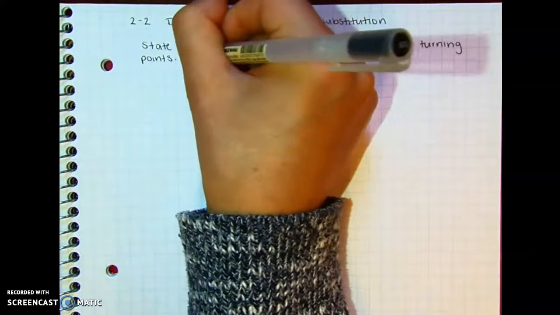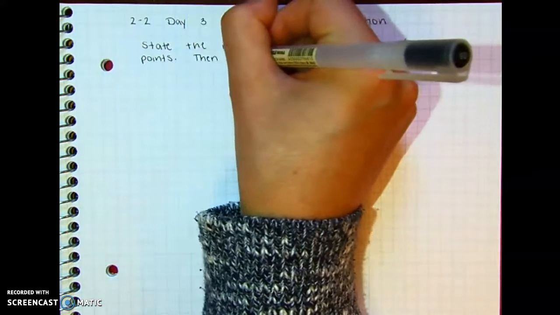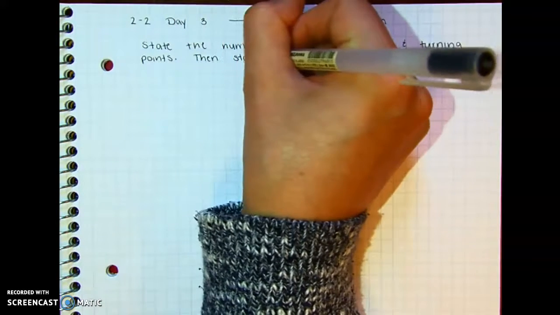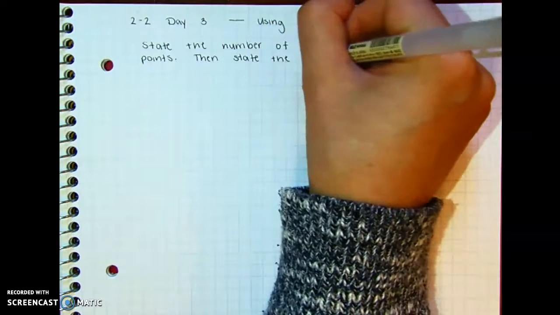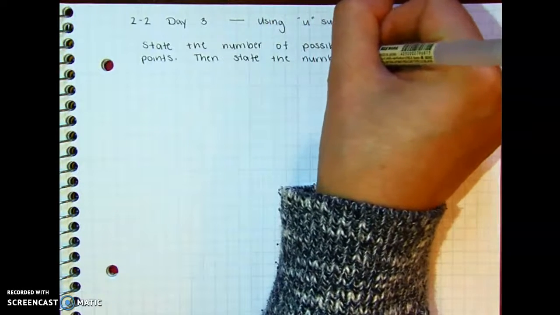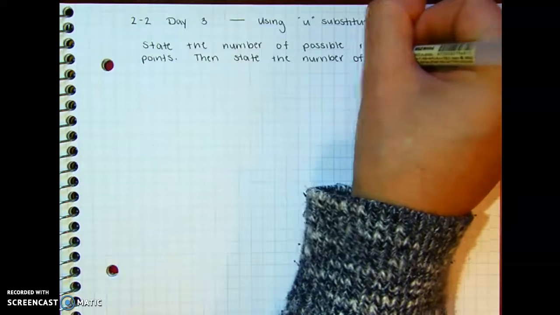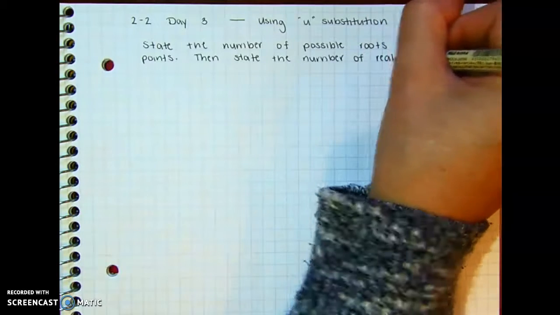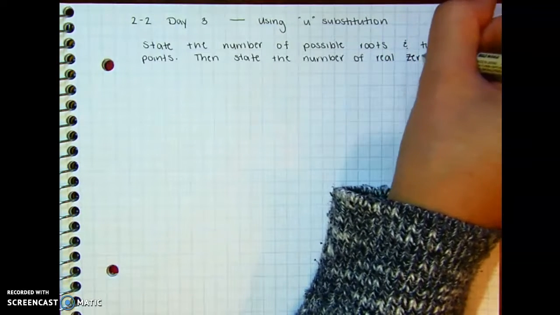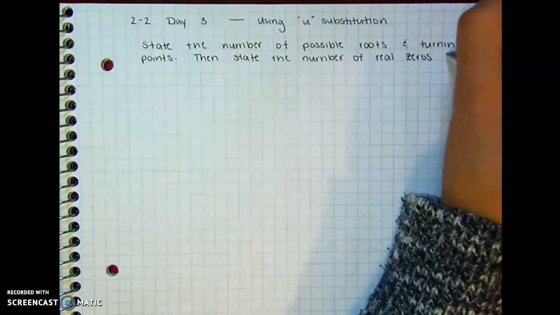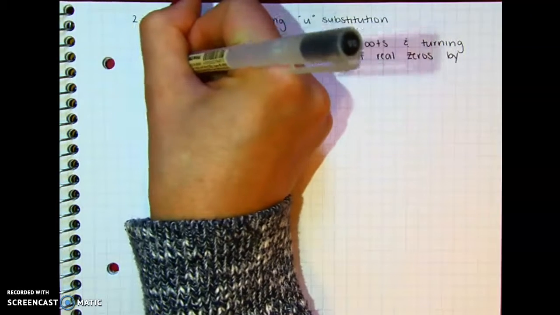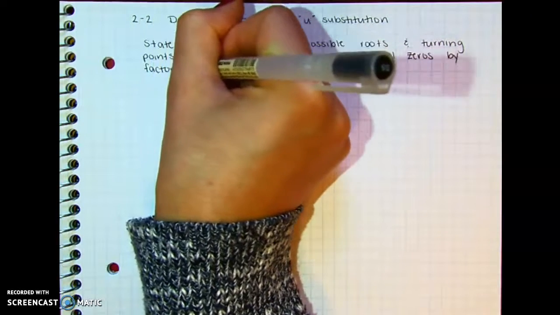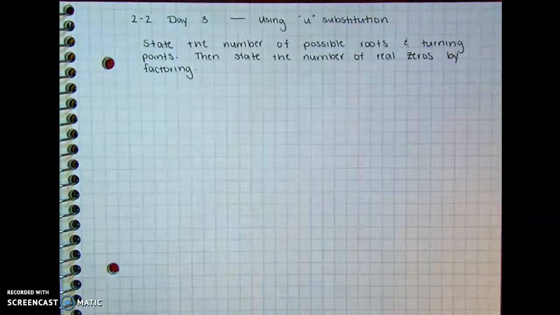Then state the number of real zeros by factoring. Okay.